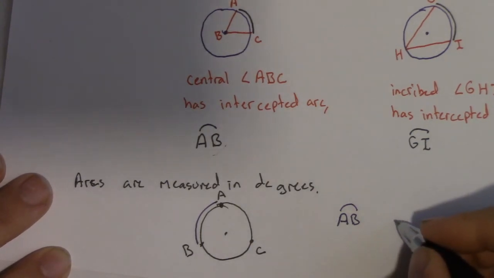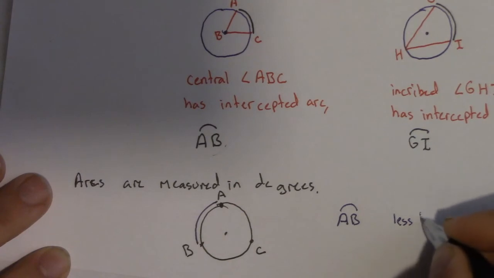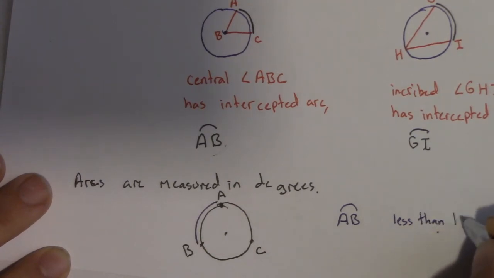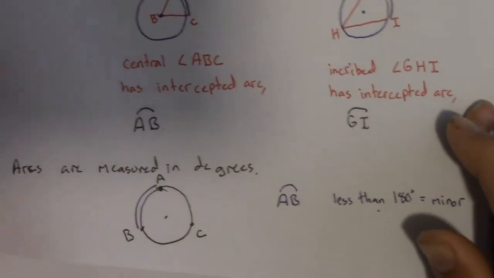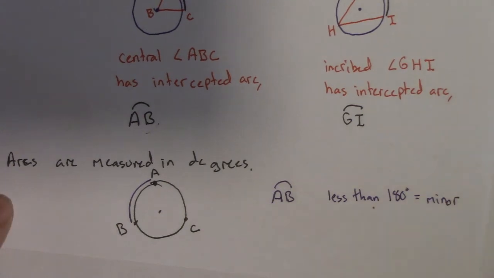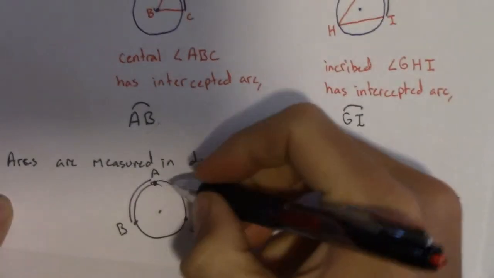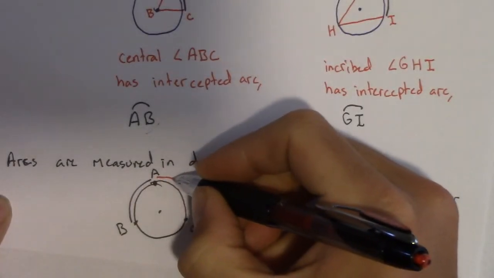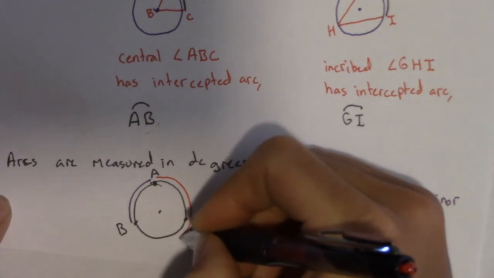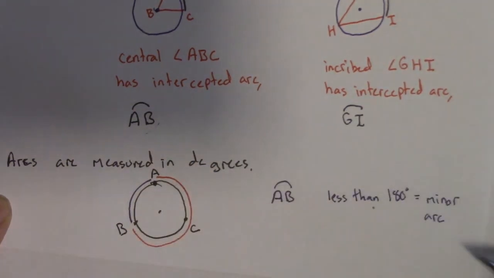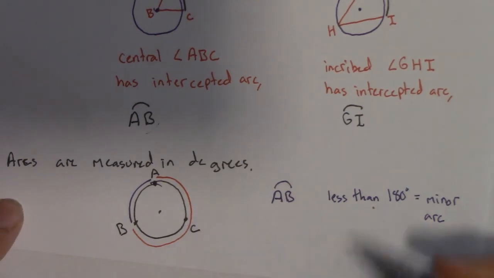Now, since AB is less than 180, it is called a minor arc. Okay? Now suppose I wasn't interested in that piece, but I really wanted to talk about the rest, and I really wanted to go from A all the way around to B. If that's the case, I need the third letter.